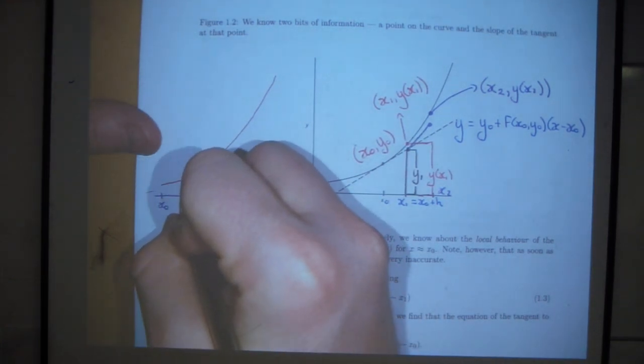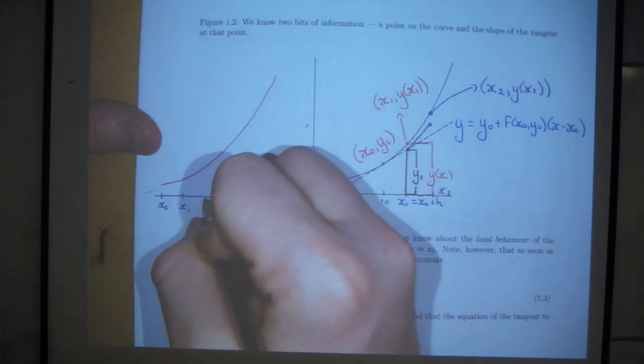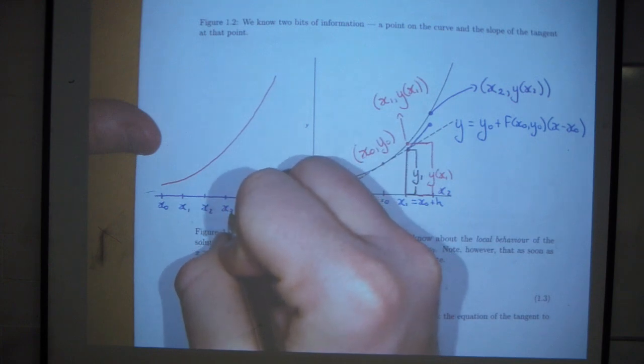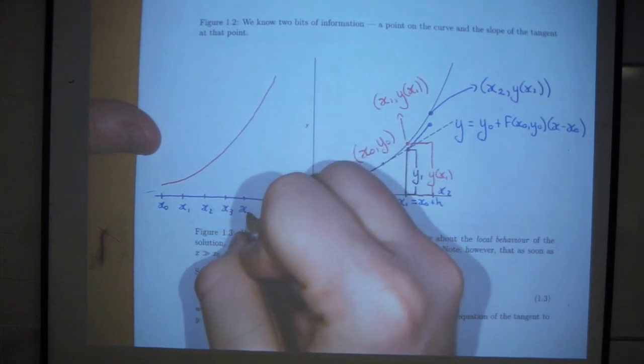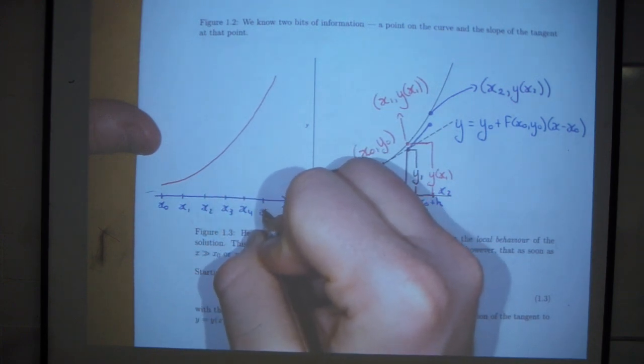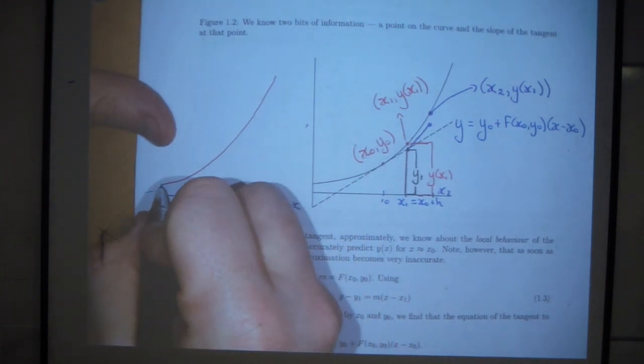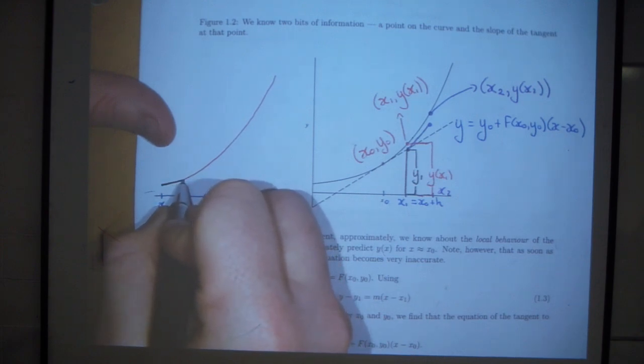So x0, x1, x2. These will be equally spaced, and the space is called the step size h. And we're just going to try and track the true solution by traveling along little straight lines. So say from here to here, you do something like that, straight line.